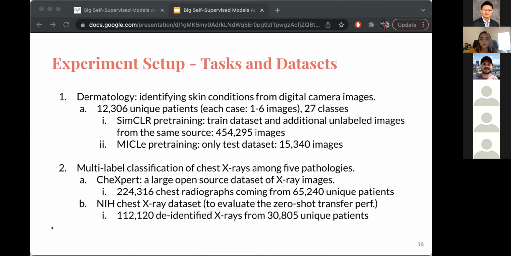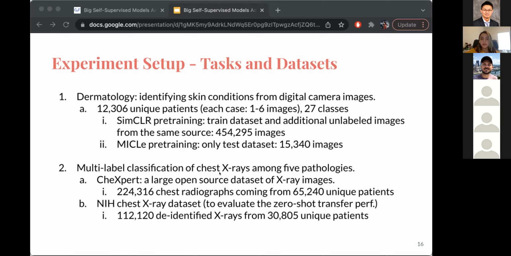For the first part, the CLR pre-training part, they're using this data set and also additional unlabeled images from the same source, so they end up with this many images. For the second part, MICL pre-training, they only use the test data sets.